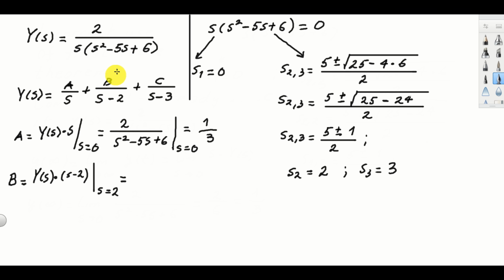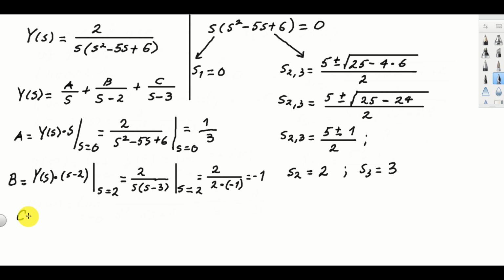If we multiply everything by s minus 2, we are simply left with 2 over s multiplying s minus 3, evaluated at s equal to 2. And this becomes 2 over 2 multiplying 2 minus 3, which is minus 1, and so B is minus 1.